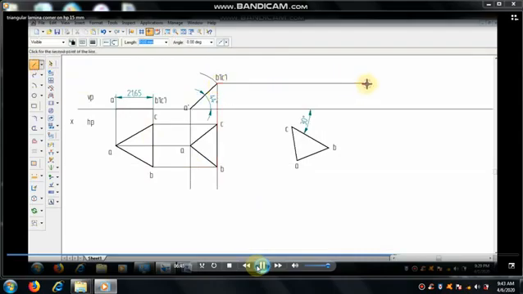Now the projector lines: A to A dash, C to C dash where it meets, and B to B dash. So we can use the trim option and remove unwanted lines.